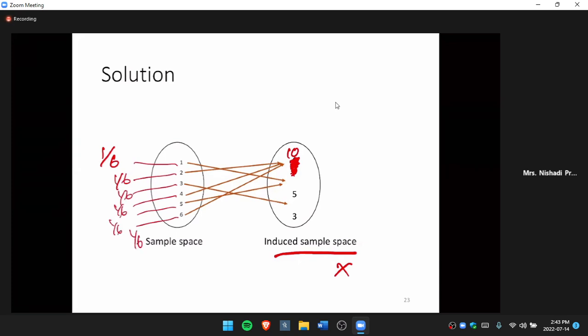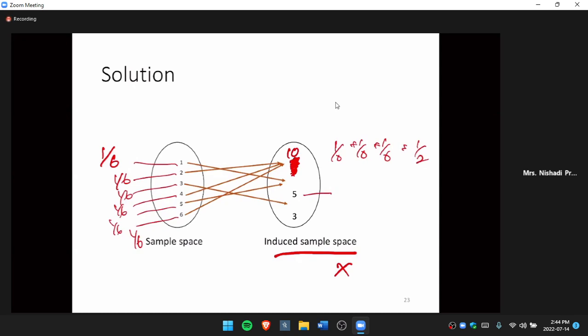Now we have mapped these values into the values of the induced sample space. Number 10 is mapped to 3 values. 1 over 6 plus 1 over 6 plus 1 over 6 is 3 over 6, that is half. That means the probability of getting 10 as the score of the game is half.